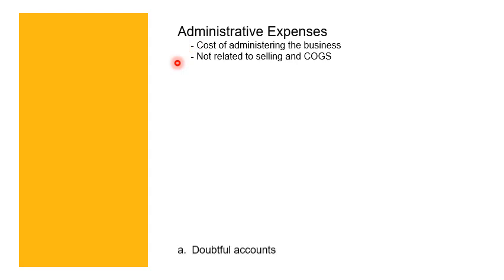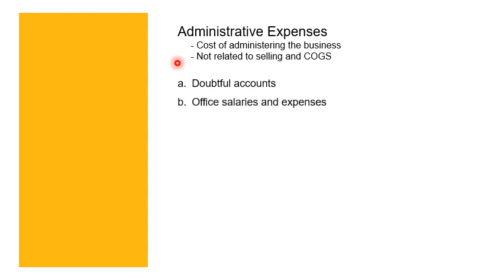Now, next is administrative expenses. So, from the word administrative nga, the cost of administering the business. So, not related to selling and cost of goods sold. A, doubtful accounts. Doubtful account expenses, administrative, hindi siya related sa selling, hindi rin siya related sa cost of goods sold.